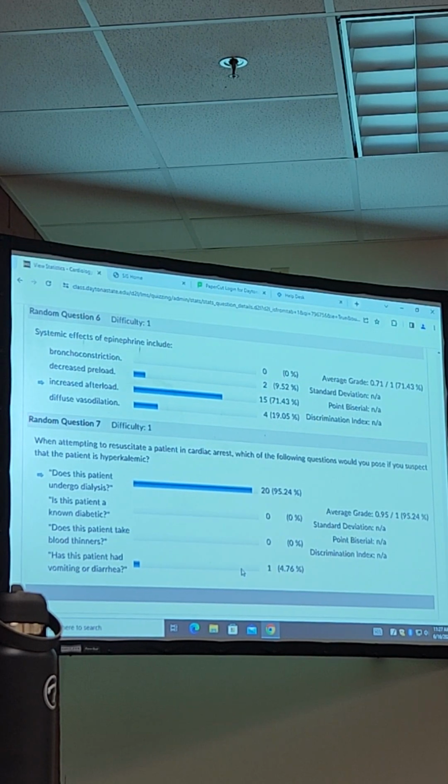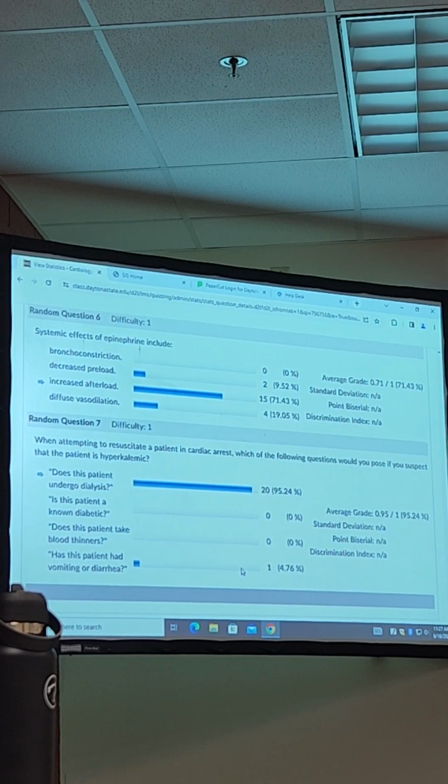When attempting to resuscitate a patient in cardiac arrest, which would you ask if you suspect that they are hyperkalemic? Hyperkalemia, high potassium. Does that have anything to do with vomiting or diarrhea? No. That would be hypovolemia. Are they on blood thinners? It's not going to change their potassium, they're just going to bleed more.